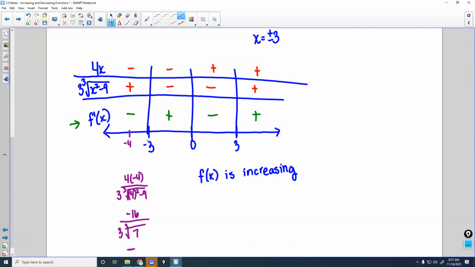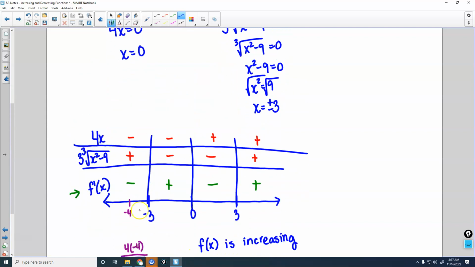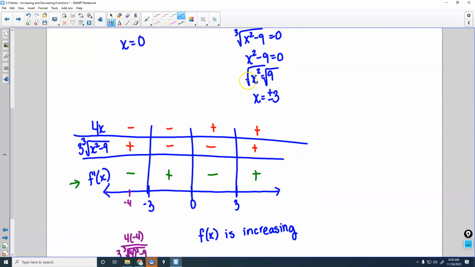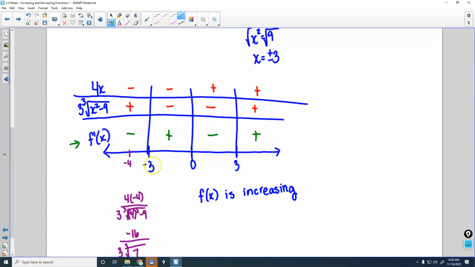However, -3 and +3 are going to give you a 0 in the denominator. So, can x equal -3 or +3? They are not in the domain of the derivative. So, oh wait, but we care about the original.